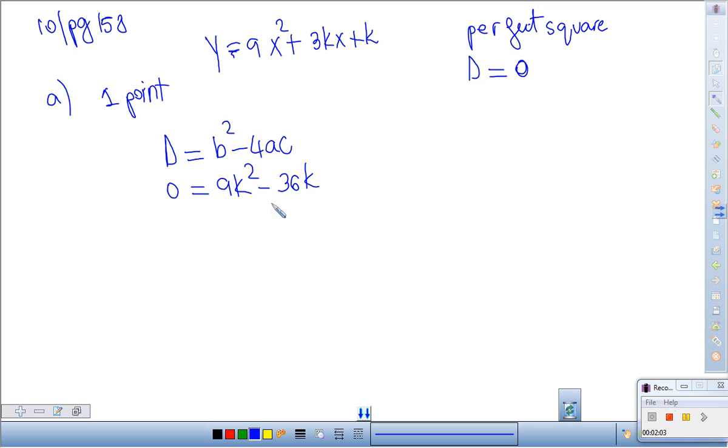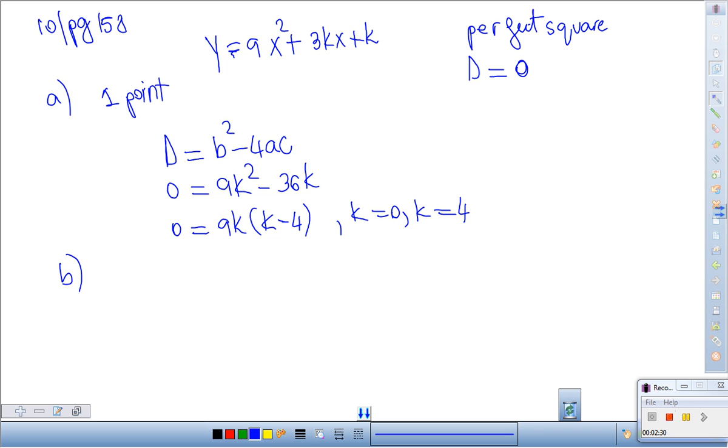On the right-hand side we can factor 9k, so 0 equals 9k times k minus 4. What are the two k values for which the discriminant is 0? When k equals 0 or k equals 4. So part A is the simpler of the 3 parts.